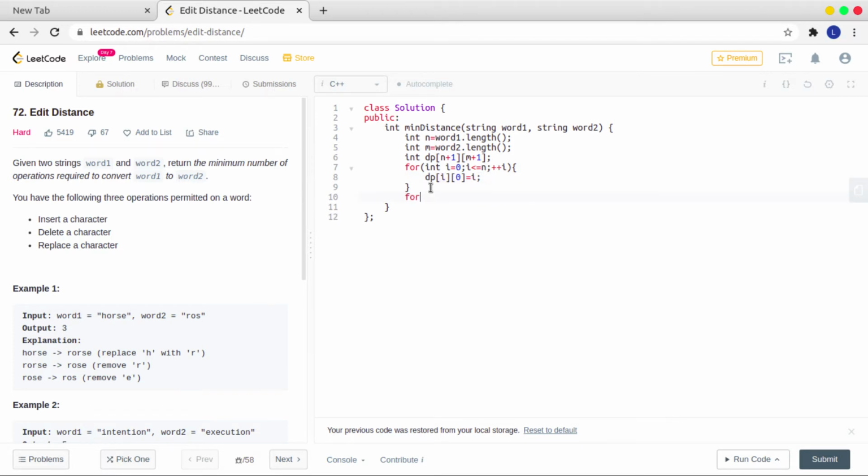And similarly for j, the cost will be j. This is the base condition. Now let's go to the body part. What will happen here? You just have to run two loops.